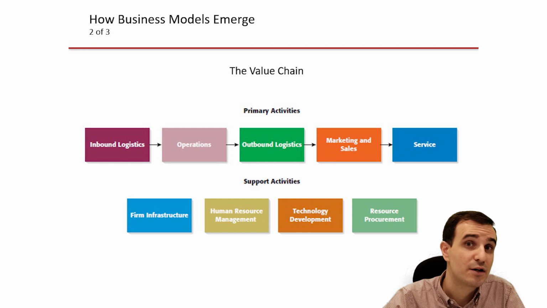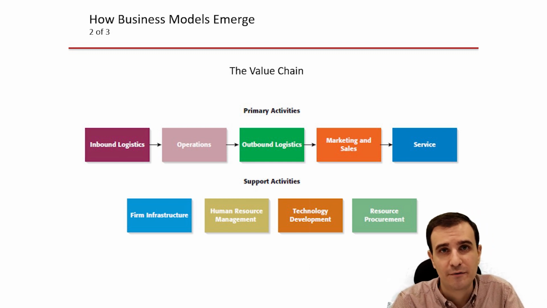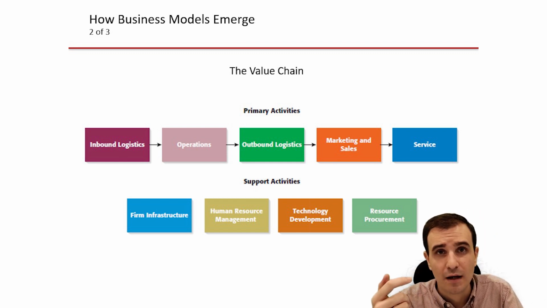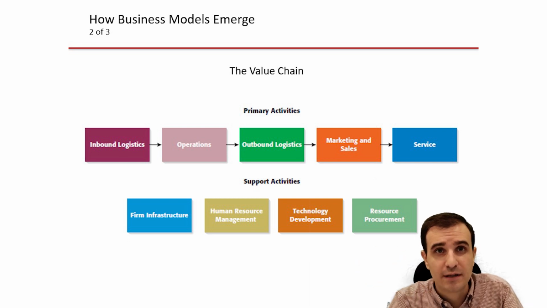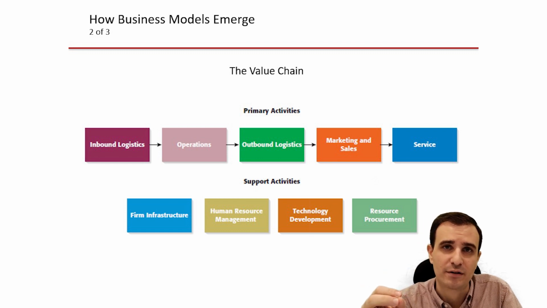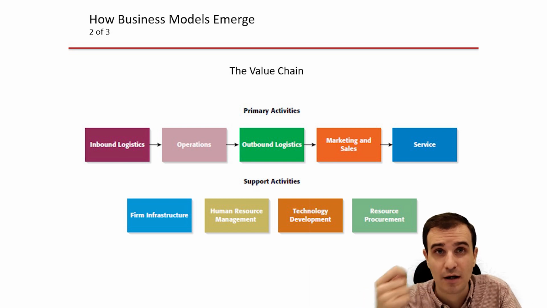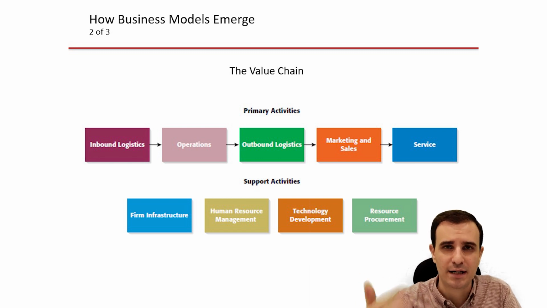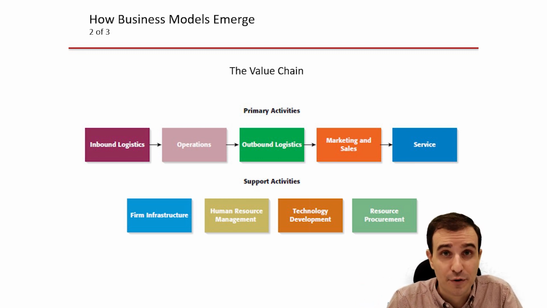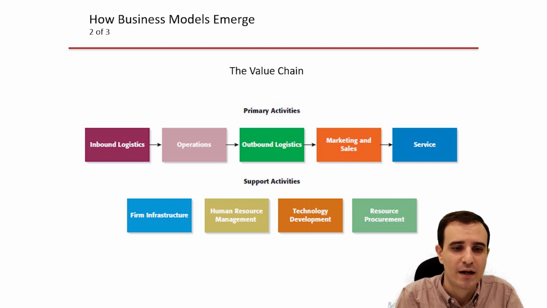Support activities will include the infrastructure of a firm, for example, finance, legal, or the administration, that will be firm infrastructure; HRM, human resource management, the human capital of your organization; technology development, so your R&D efforts and capabilities; and finally procurement, so like all supply chain management.